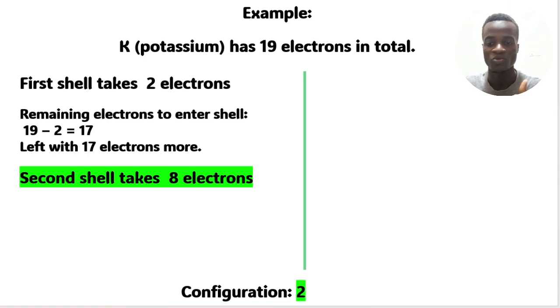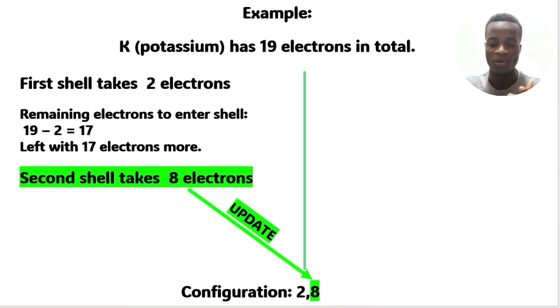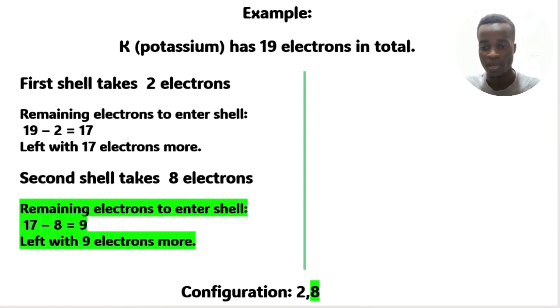The second shell should take a maximum of 8 electrons, but we are coming with 17 from the previous shell. So with those 8 electrons, we update our configuration: 2, 8, right? Now we go again: 17 minus the 8 that we entered for the second shell leaves us with 9 electrons at this stage.